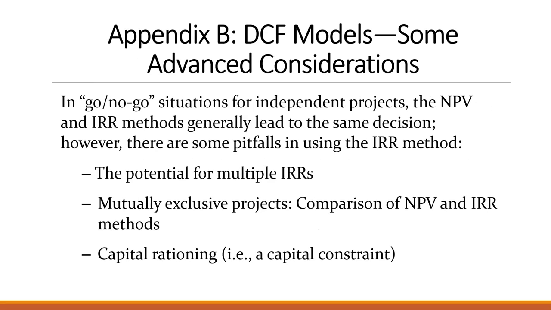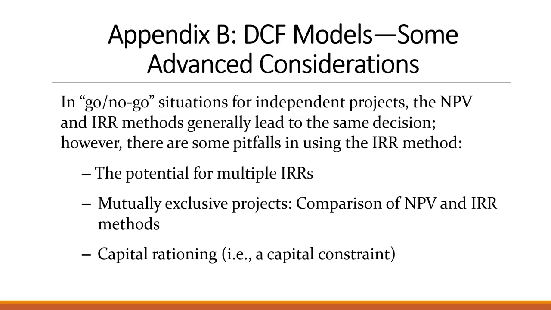We also need to think about independent projects. So in yes or no situations for very independent projects, the NPV and internal rate of return methods generally lead to the same decision. However, there are some advanced considerations for the internal rate of return method.